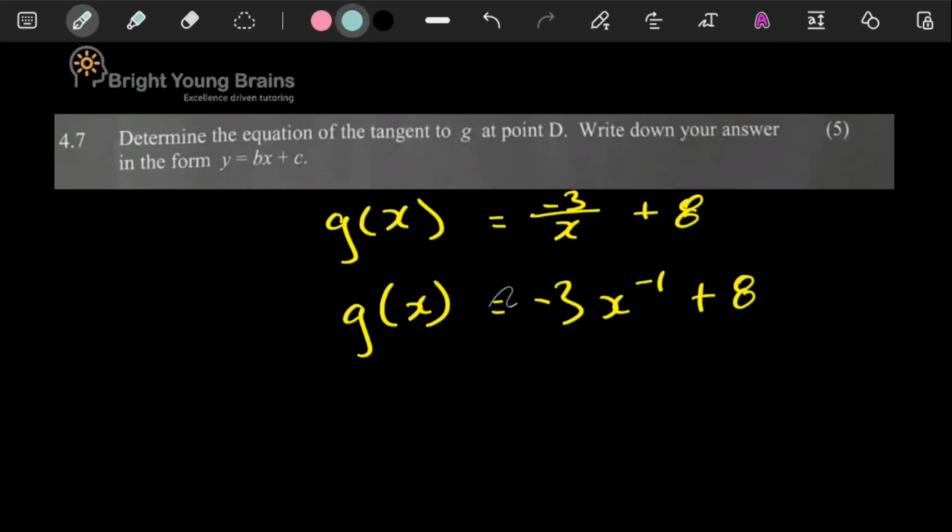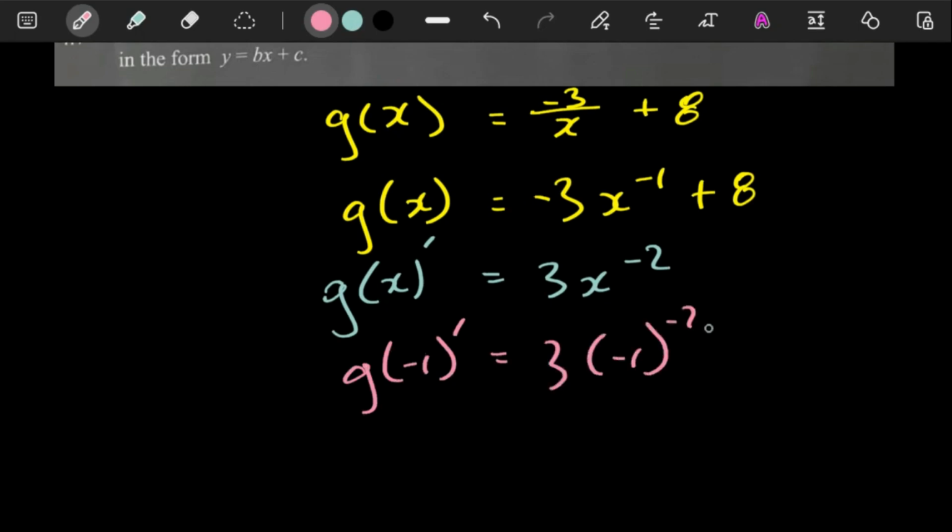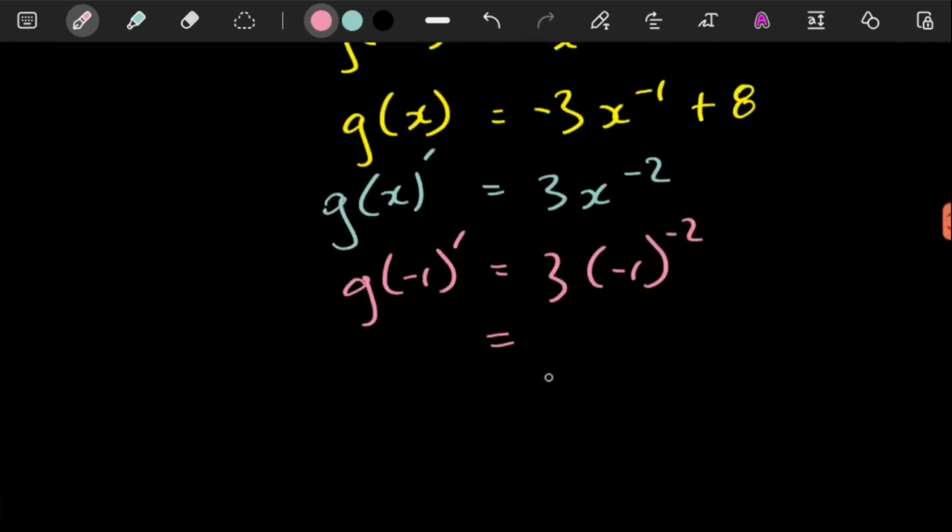And then if you differentiate to get the gradient equation, we are going to get positive 3x to the power of -2. And the derivative of a constant just falls away. Now what we want is the gradient where x is -1. So this is going to be -1 to the power of -2, which goes down to 1. So the gradient is actually 3.